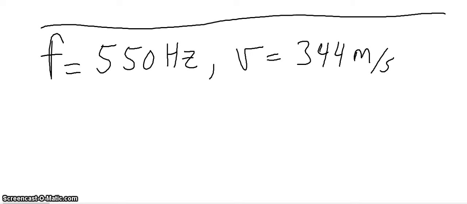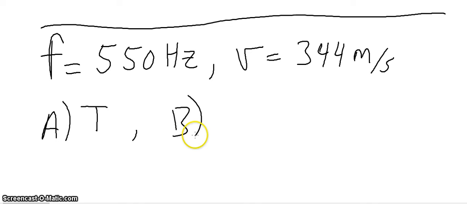Not that that's important. You do the equation exactly the same. But anyhow, let's calculate two things. Part A, let's calculate the period, and part B, let's calculate the wavelength of this wave.